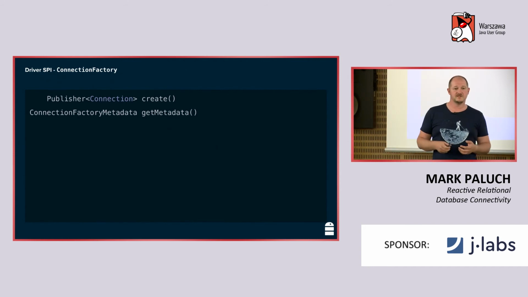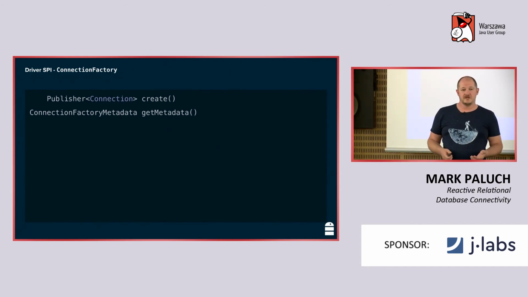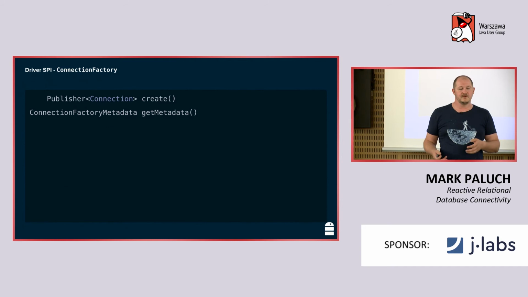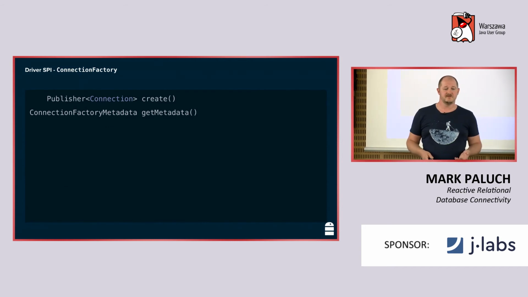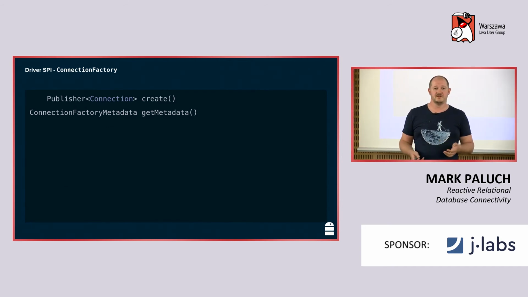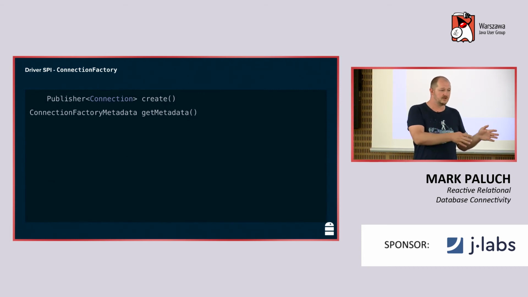If you are familiar with JDBC and the DataSource, you probably know that you want to obtain a connection from a DataSource itself rather than from the DriverManager every time, because you do things like pooling, or you have a routing component which routes certain database calls to one data source and other calls to another data source.